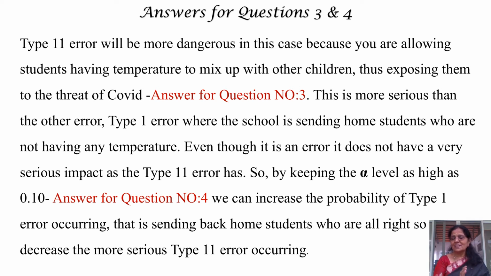Never mind whether it is C or D, but I remember it being D. So by keeping the alpha level as high as 0.10, we are increasing the probability of type 1 error occurring, but decreasing the probability of type 2 error, which is more dangerous in this scenario. Remember that in this context.